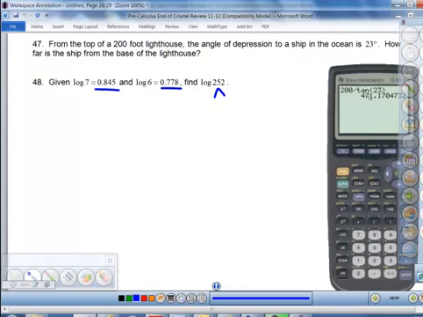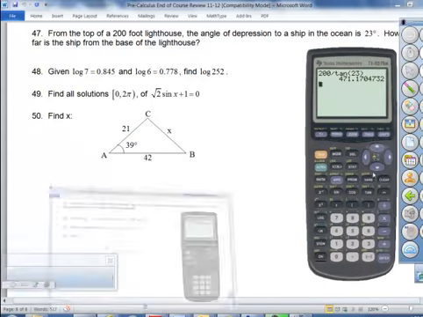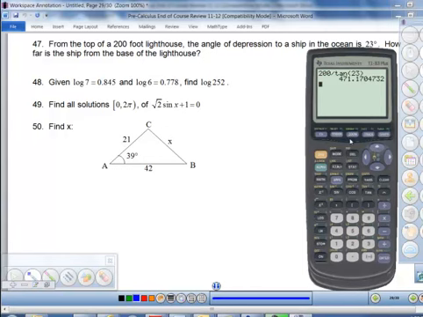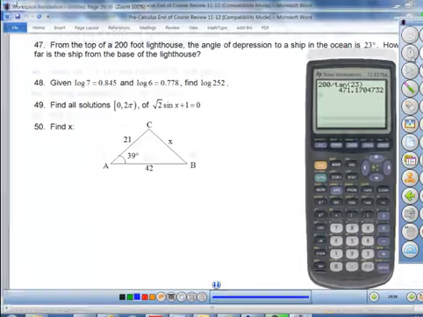So let's see if 6 goes into 252. 252 divided by 6 equals 42.